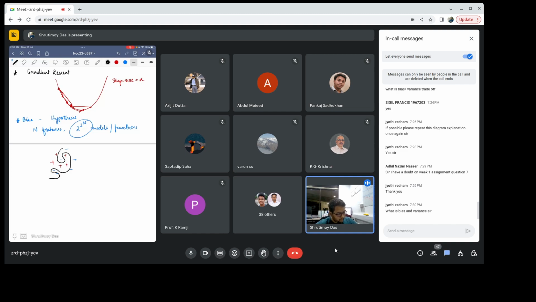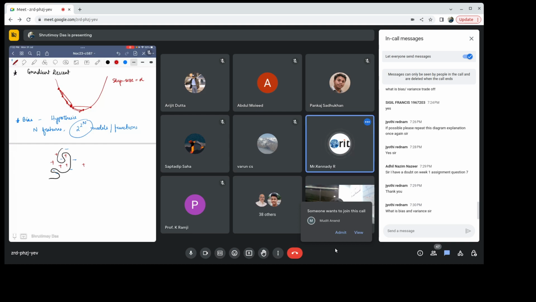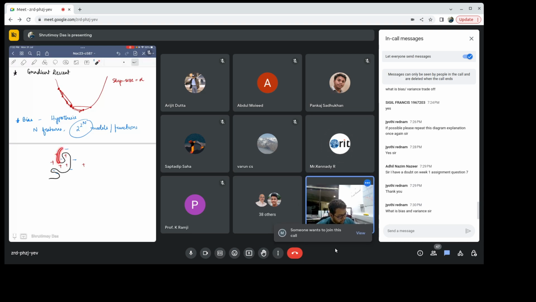Okay, now suppose some test example comes, say this one. This will be classified as negative because it lies on the right side of this. So what happened here is this model tries to learn each of the training data, due to which for some unseen data it will have a very high variance, that is, it will not perform well for this data point.